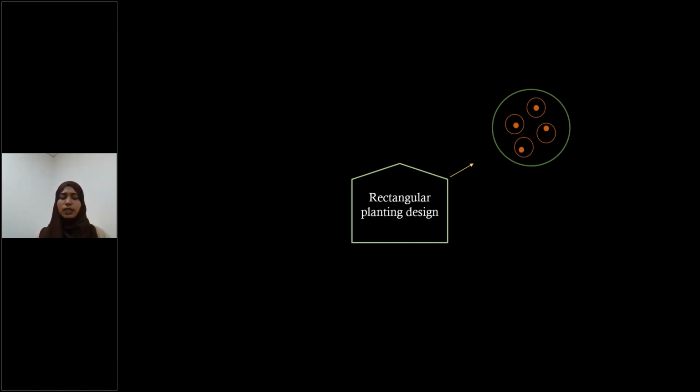Many studies show how important the microsite condition is for the survival of seedlings. So using rectangular planting design, there is potential to improve the regeneration success. And as rectangular planting design has no effect, maybe we can also test group planting.